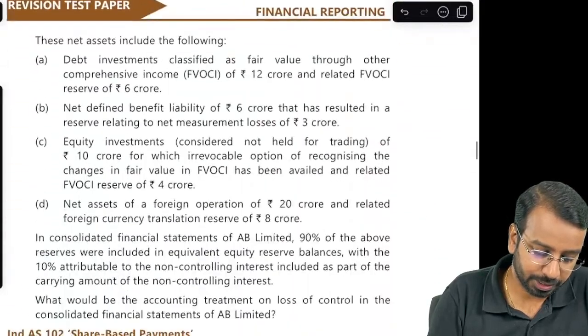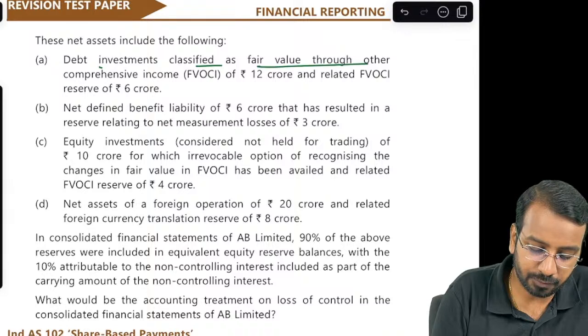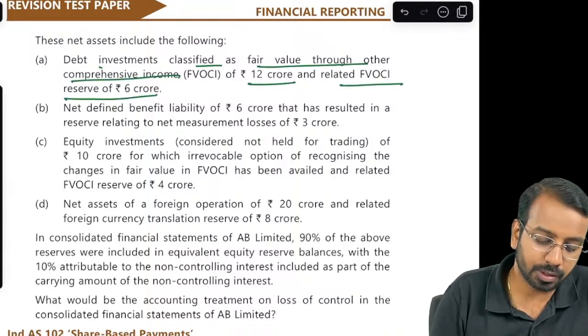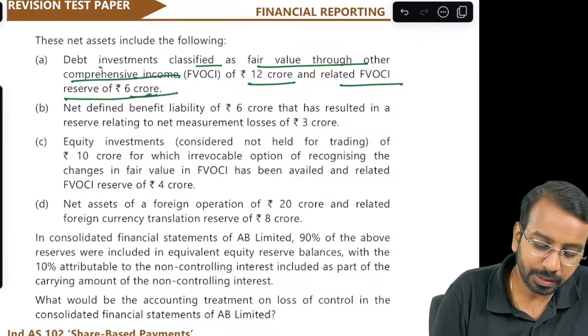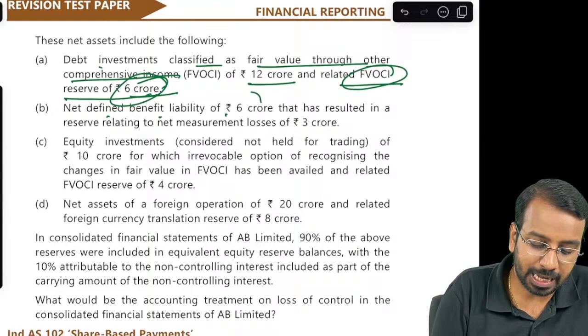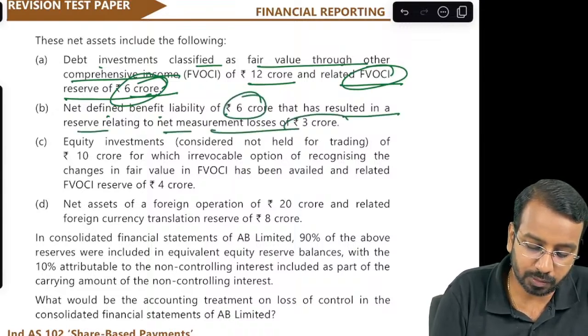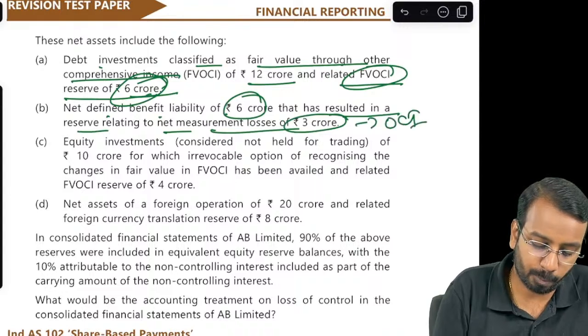Okay. These net assets include the following: debt investment classified as FVTOCI of 12 crore and related FVOCI reserve of 6 crore. So this is one thing, you have FVOCI reserve of 6 crore. Net defined benefit liability of 6 crores and resulted in a reserve relating to the net measurement losses of 3 crore. This is also in OCI.